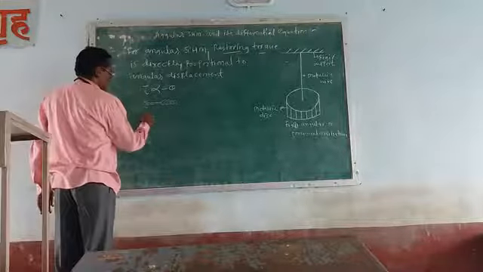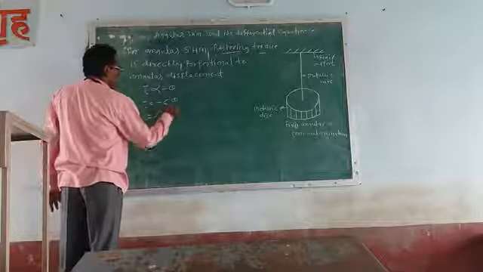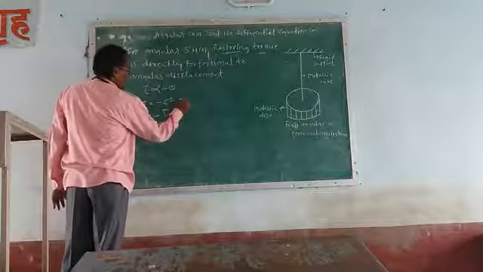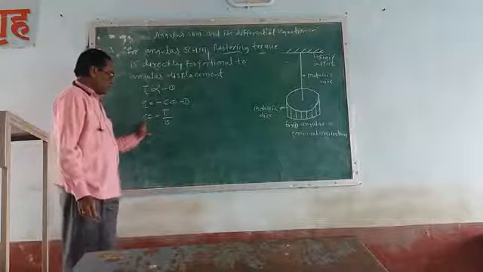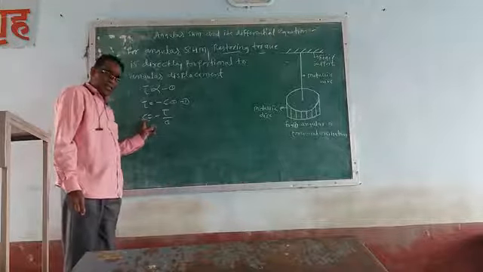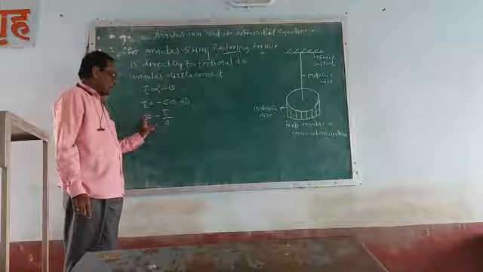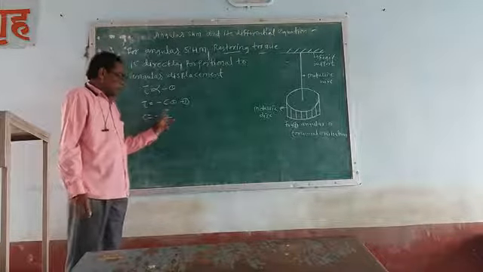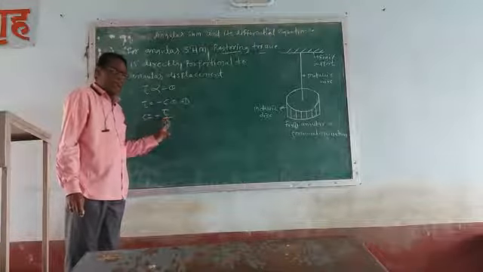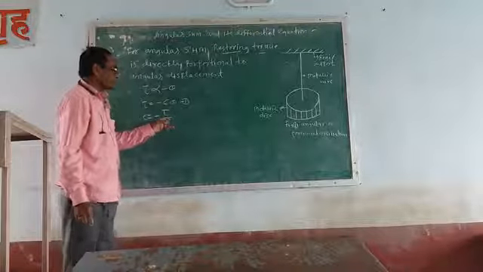Equation 1. From this equation, c is equal to minus tau by theta. So the constant of proportionality c is the restoring torque per unit angular displacement.